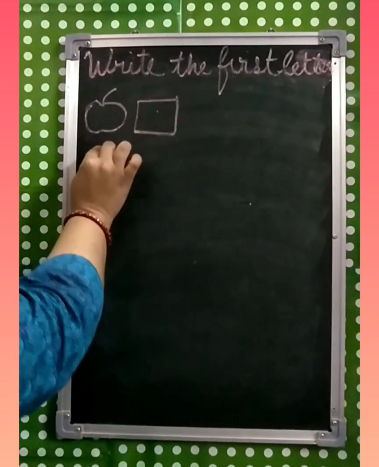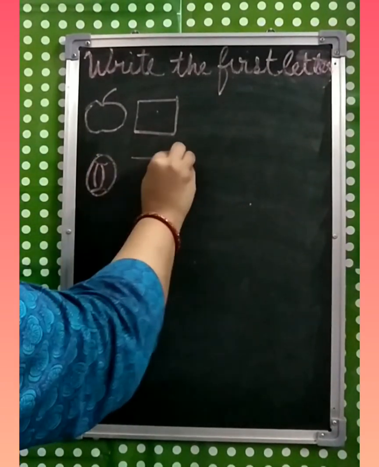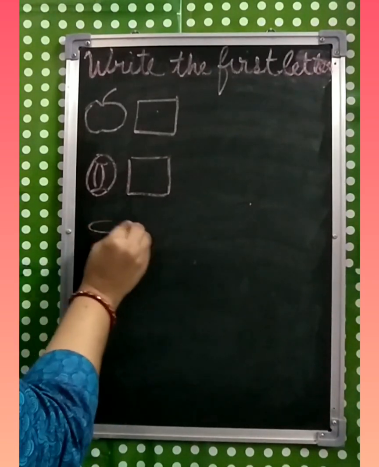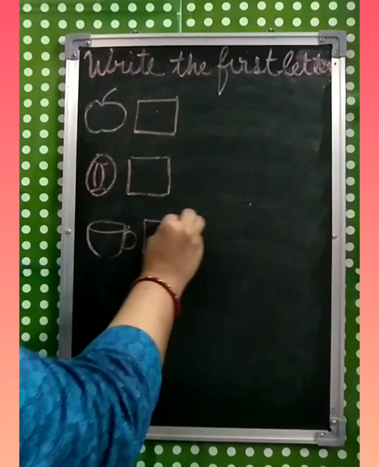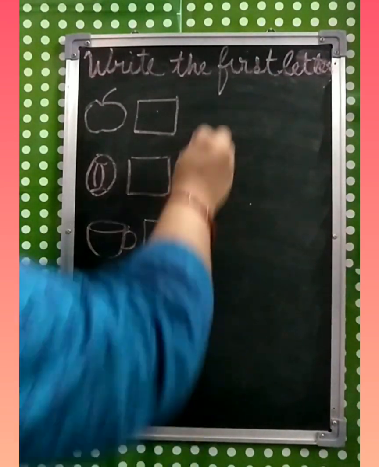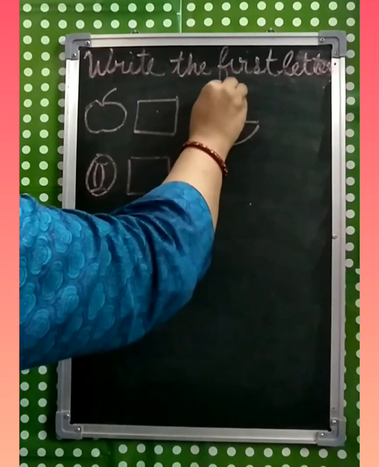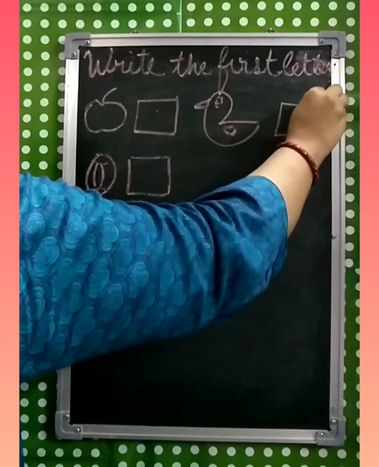Okay. Then I have made this and a box is there. Then another picture is there. Then duck is there and box is there.